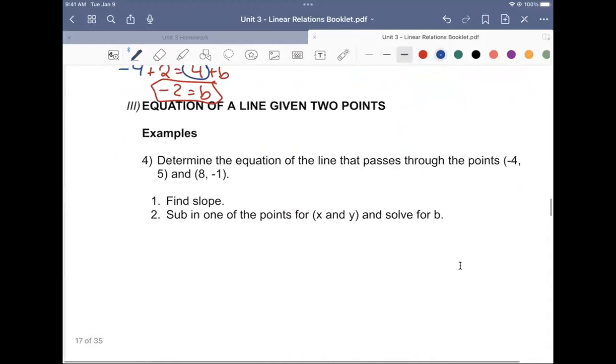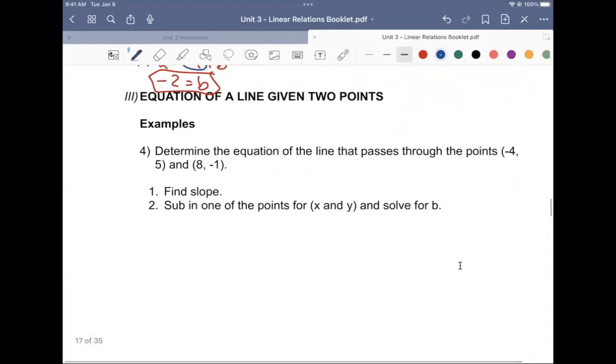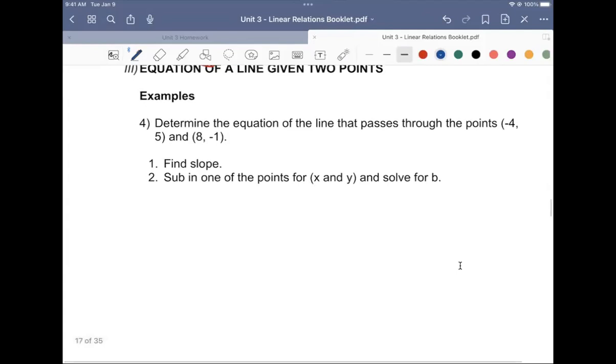Now, if I'm trying to find the equation of a line given 2 points, we're going to have to do a couple of different steps here. First one is that we actually have to find the slope. So we're going to do the same exact thing we did previously, except now we don't know the slope. So now we have to find it. So my first step is going to be to find the slope.